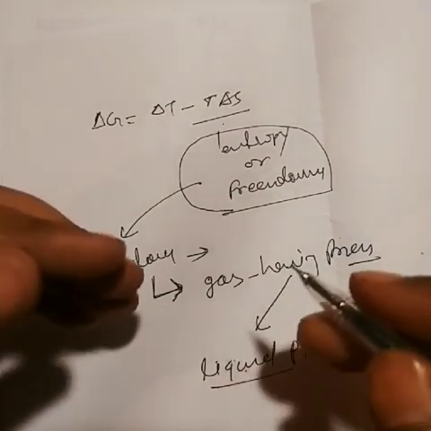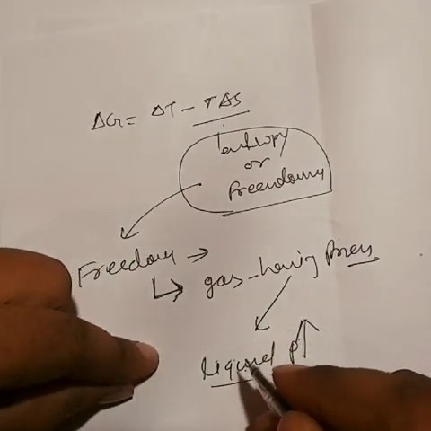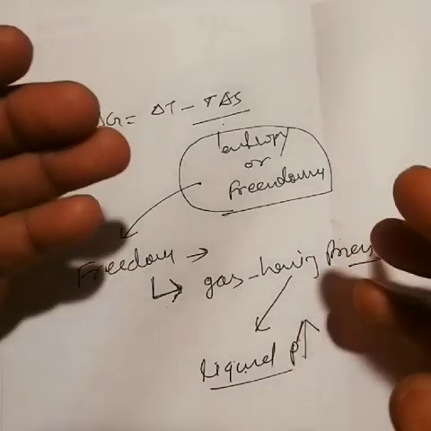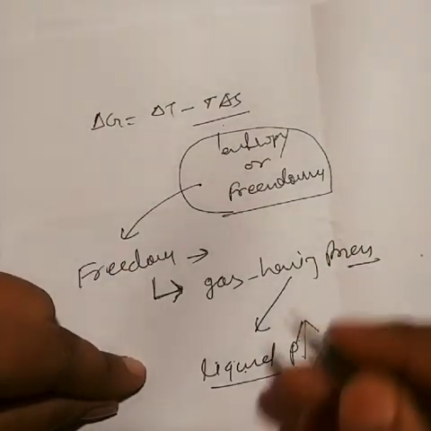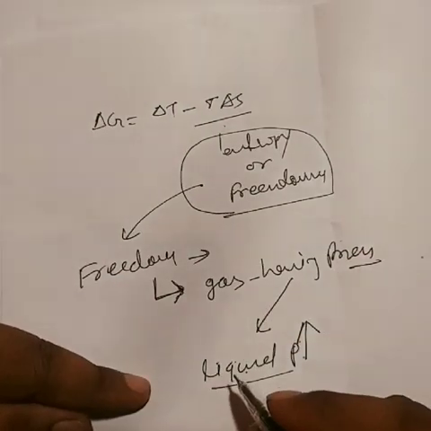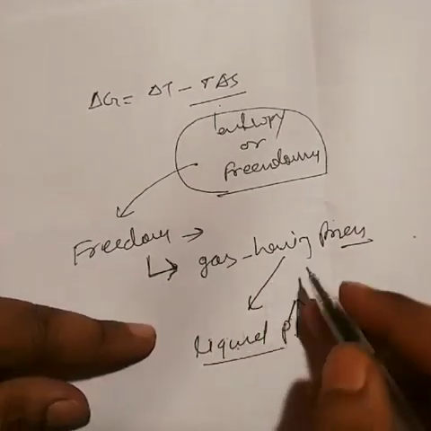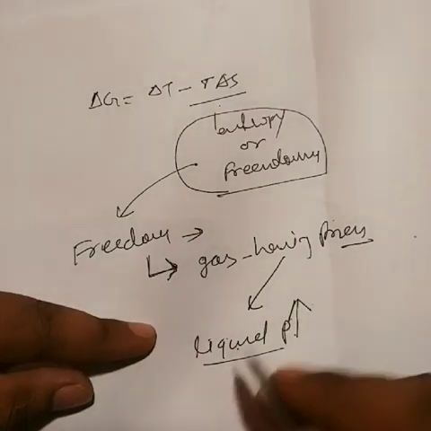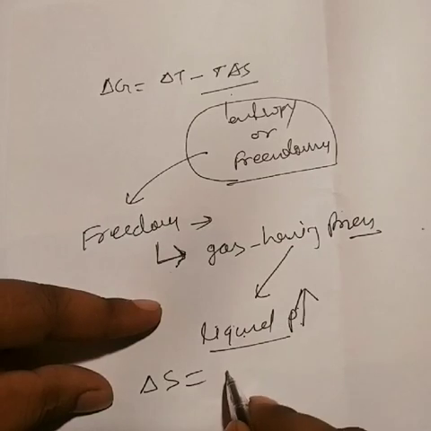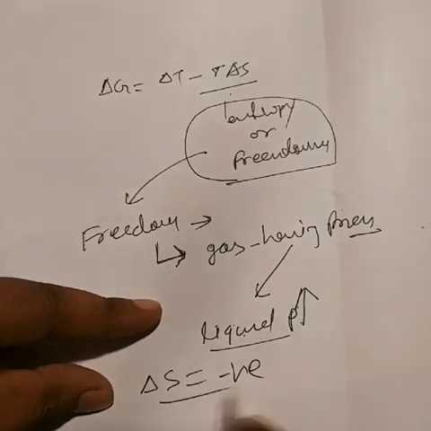Now there is a certain limitation, so it is very important. Whenever we pressurize the gaseous substance into liquid, definitely it will lose its freedomness. So this is delta S, which is negative.